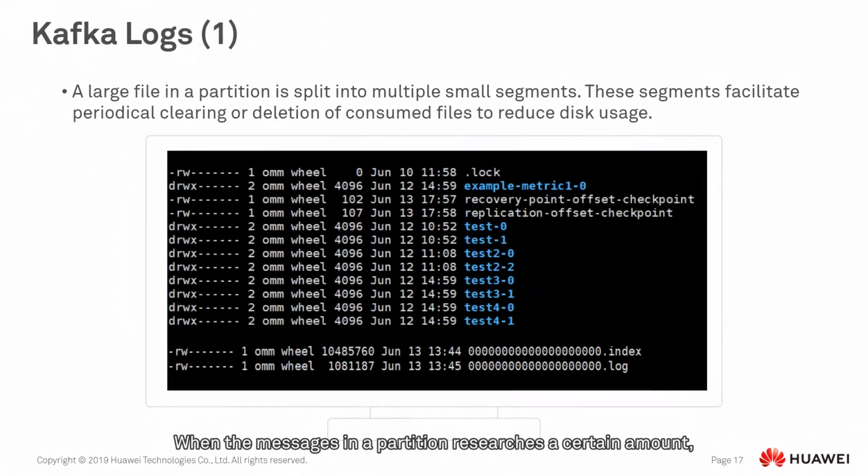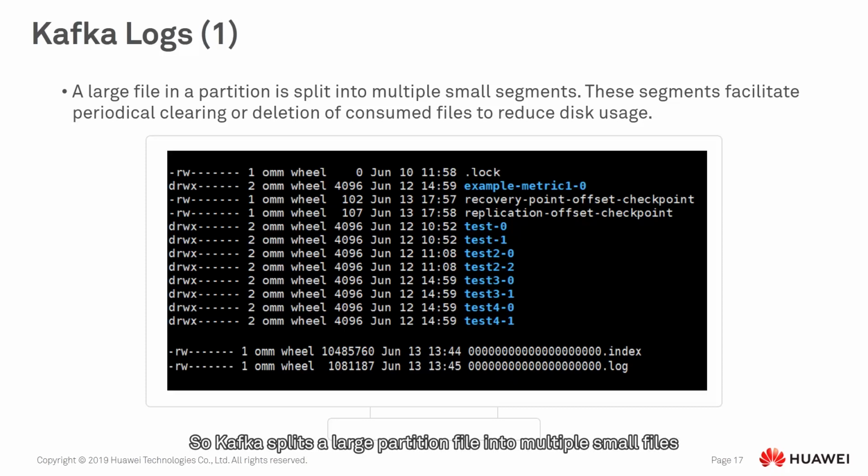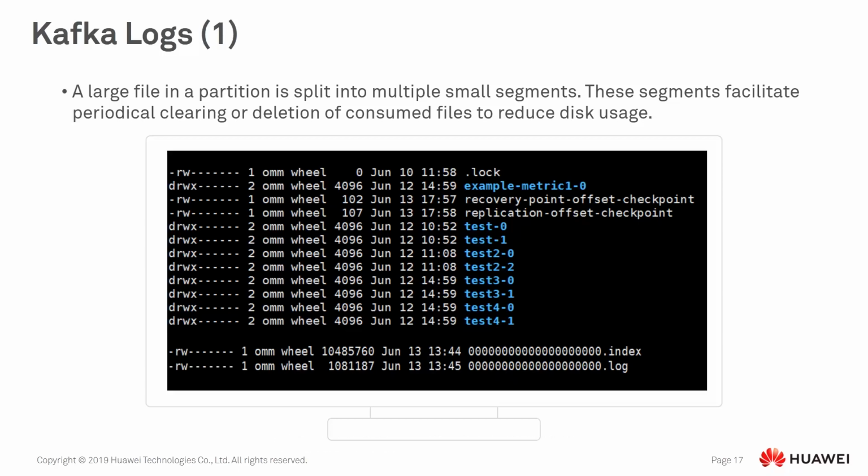When the messages in a partition reach a certain amount, it's not easy to manage the messages. So Kafka splits a large partition file into multiple small files, which correspond to directories physically. This makes it easy for us to delete messages that have already been consumed and reduce the disk usage.